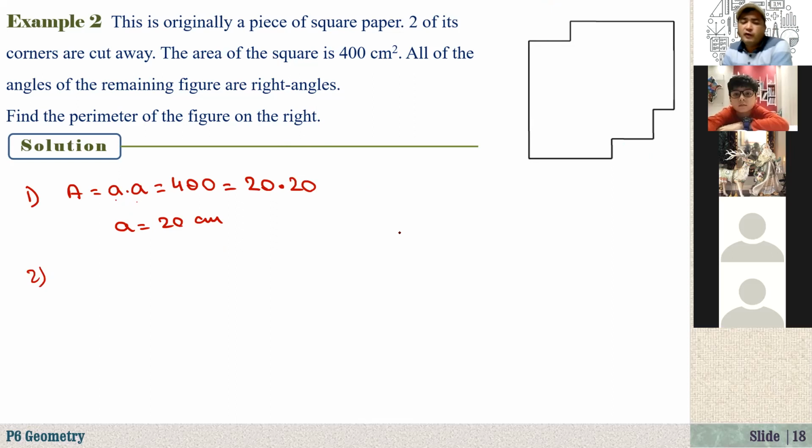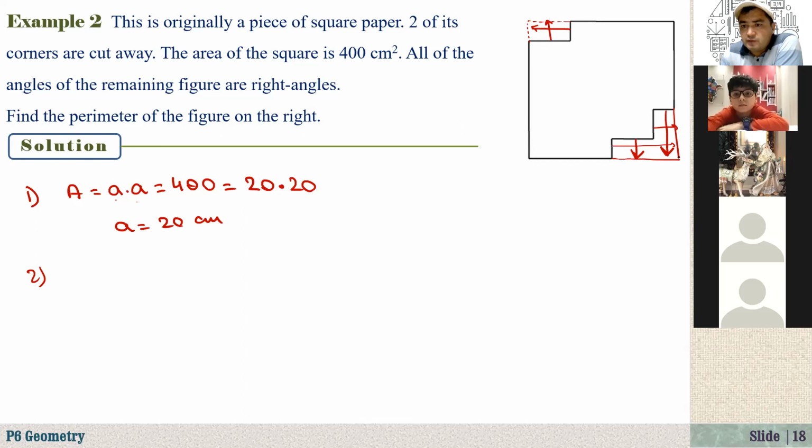Number two, to find the perimeter again, if I just cut this one and move here, and also this one move here, right? What we have here? We will have actually our original square. Also this one move here, and also this length move here, and we have this kind of length, right? And also this one to here, and this one to here, right?